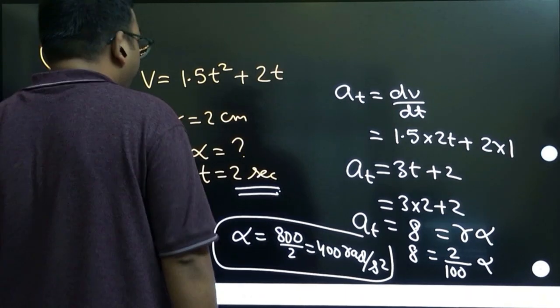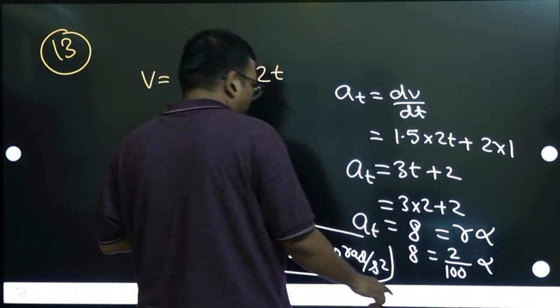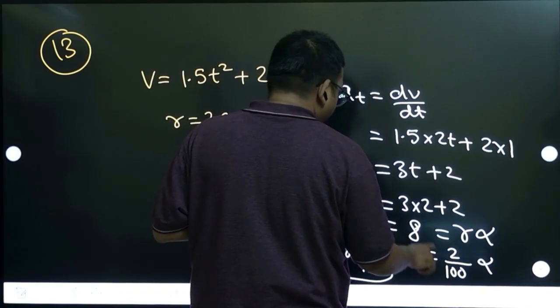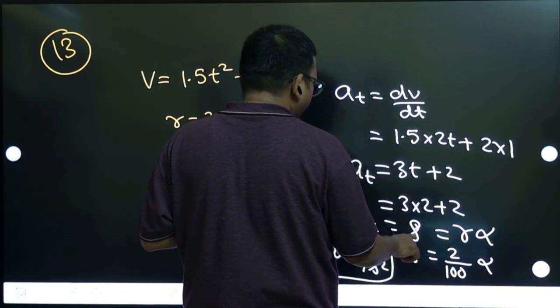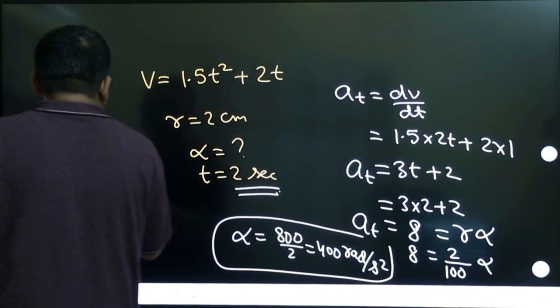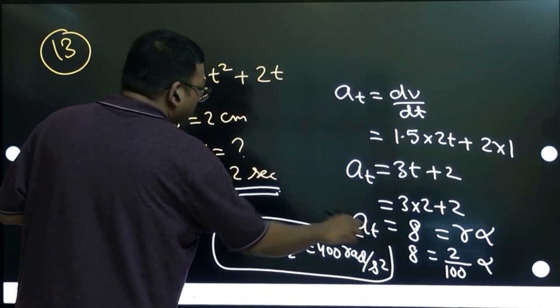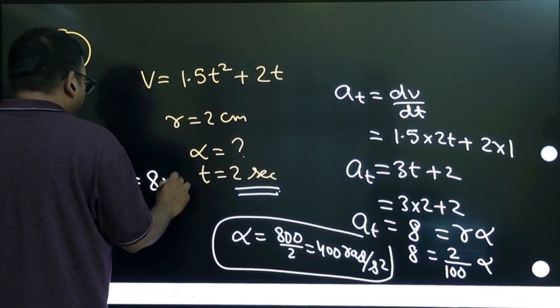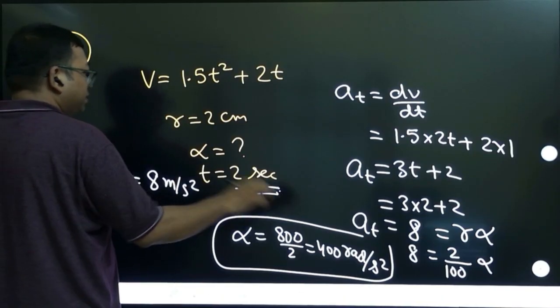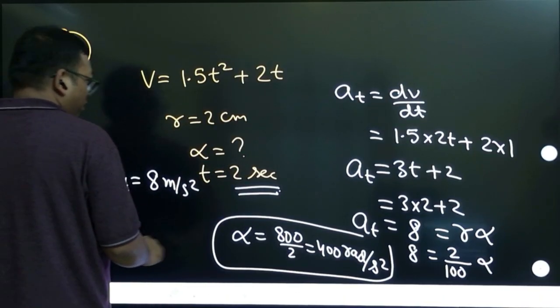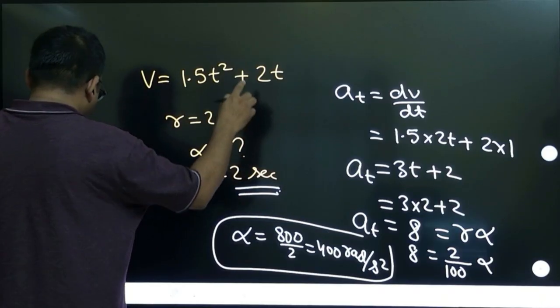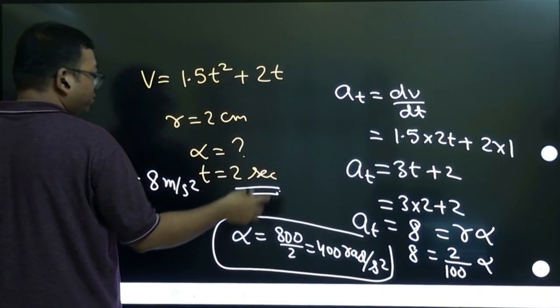No, no, before that note what you are doing here. What is this 8? This 8 you have calculated is meter per second square, because it is tangential acceleration, and everything here is in SI unit.